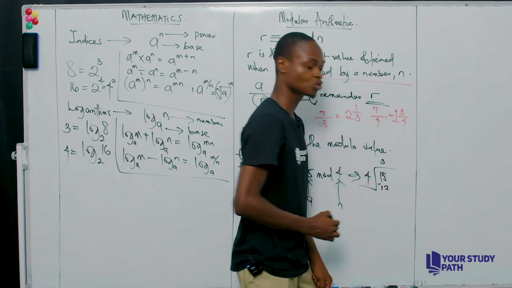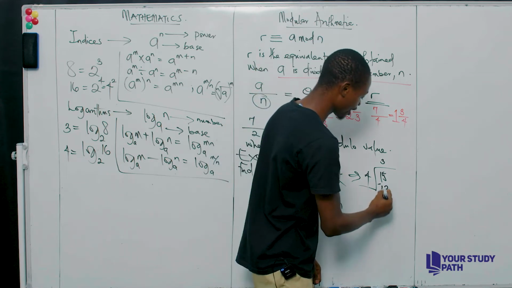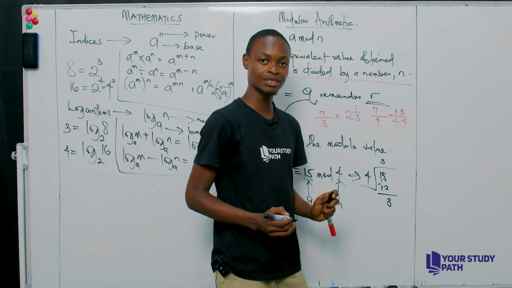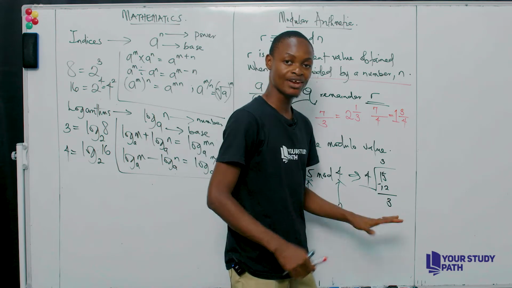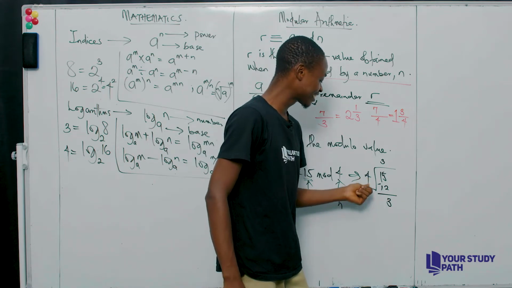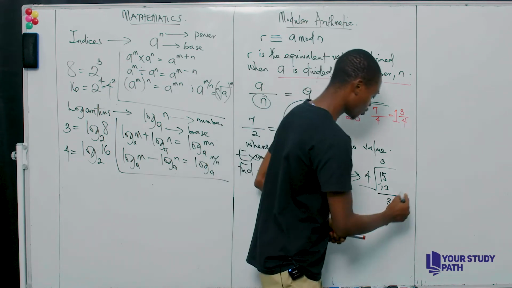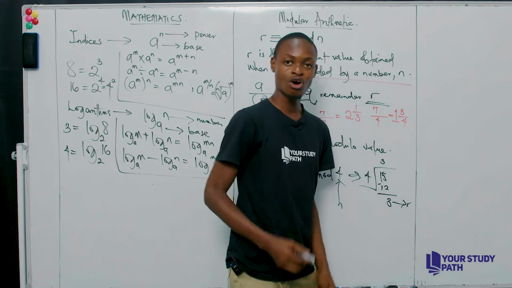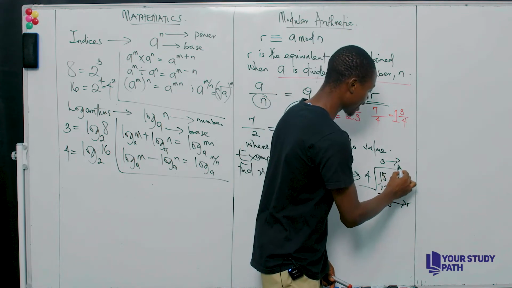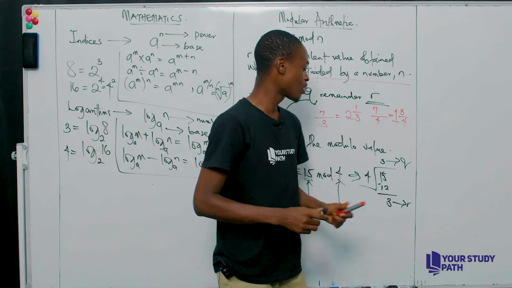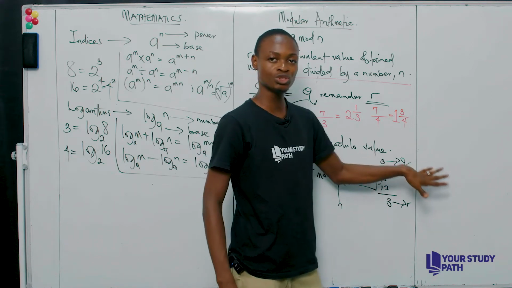And then at this point, you subtract. So 15 minus 12 gives you 3. 3 divided by 4 can't work anymore. So at the point where you can no longer completely remove that modulo value from what you have here, you have gotten your remainder. Of course, whatever is on top here is your quotient. But in modular arithmetic, we have no need for the quotient value.